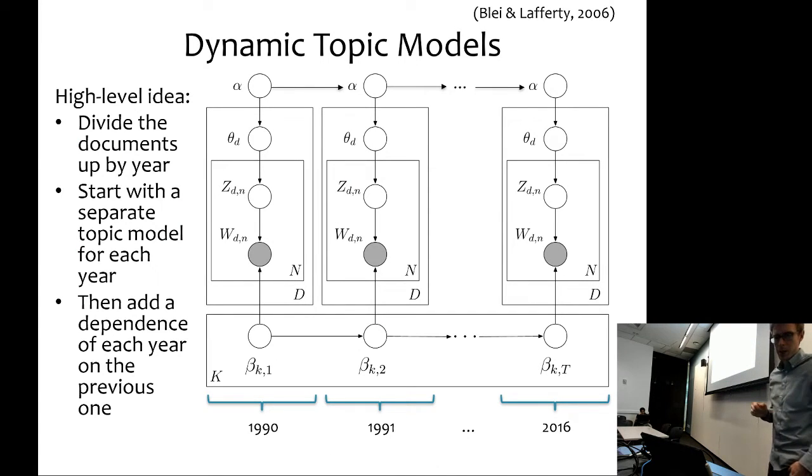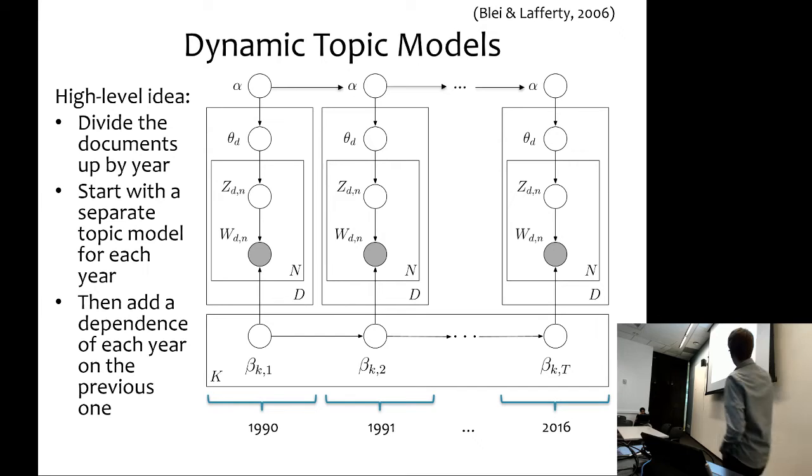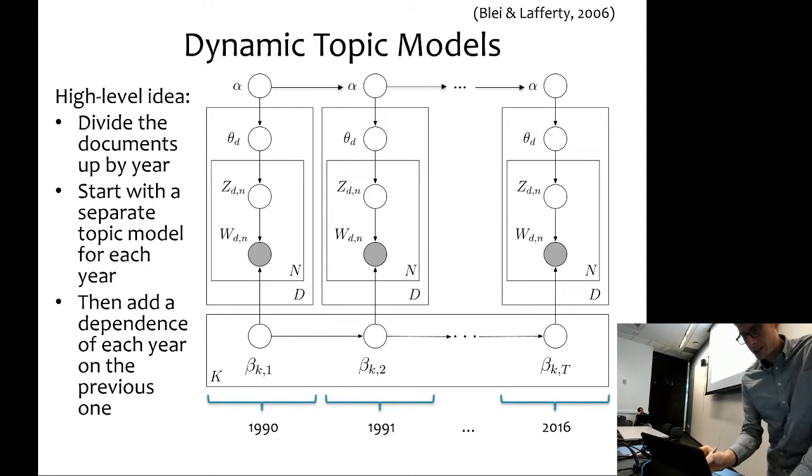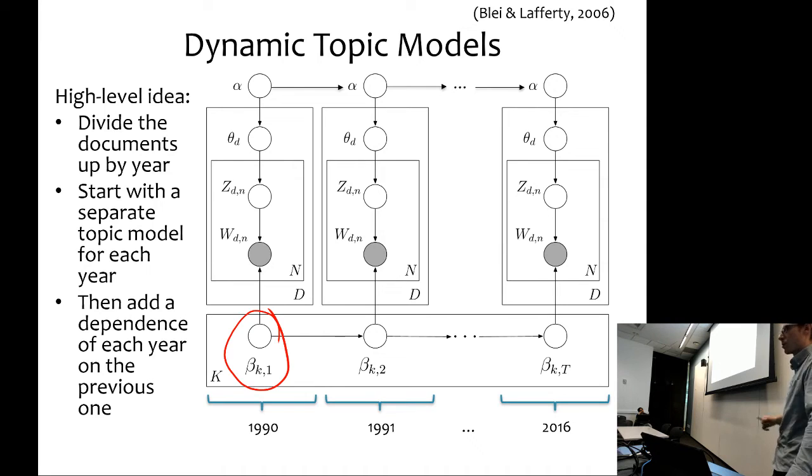Okay, so the dynamic topic model, the high-level idea is, you divide the documents up by year, as I mentioned, and then, this is the interesting part, you add a dependence of each year on the previous one. So this beta is the parameters of some Dirichlet distribution.